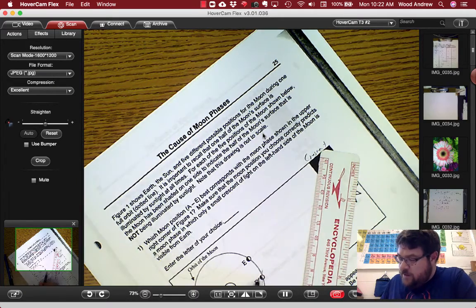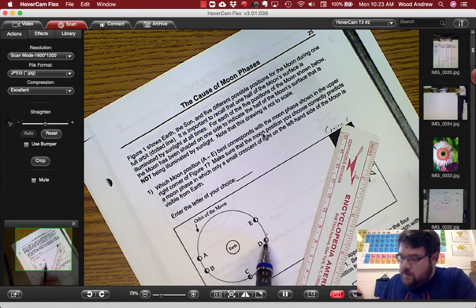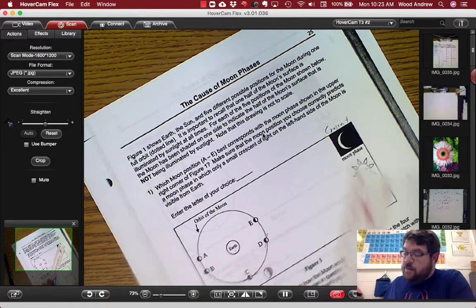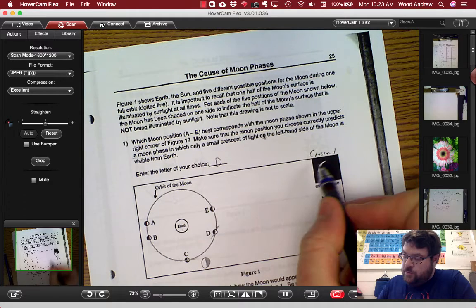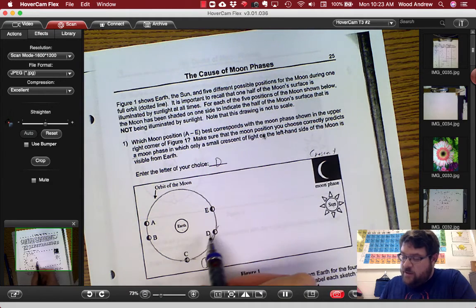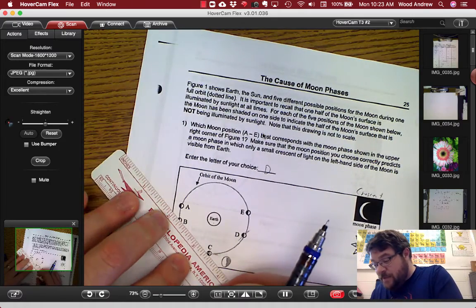Okay, if you take a look at this, there's just a little, sorry, off the page a little bit. There's a little bit of the lit portion you can see right on that side there, left-hand side. That's going to be D, right? The lit portion, left-hand side, just a little bit of it. If you take a look at A or B, it's going to be kind of the opposite of that.